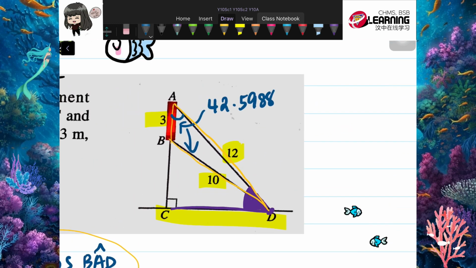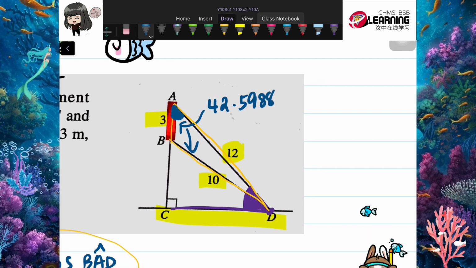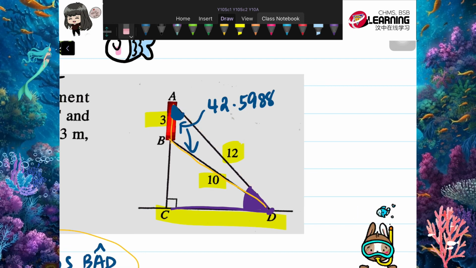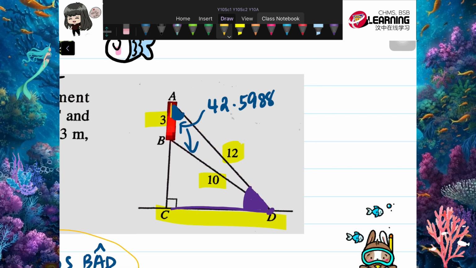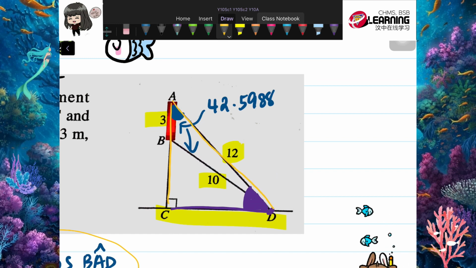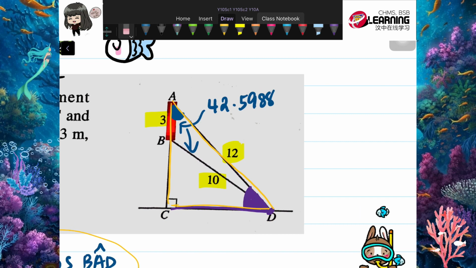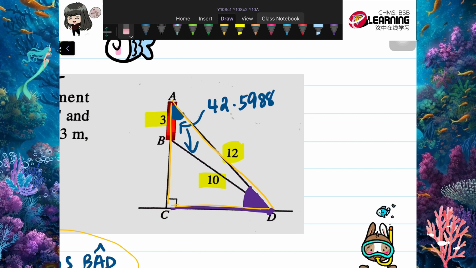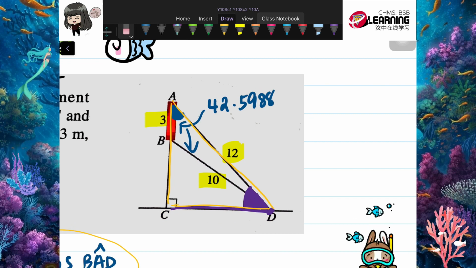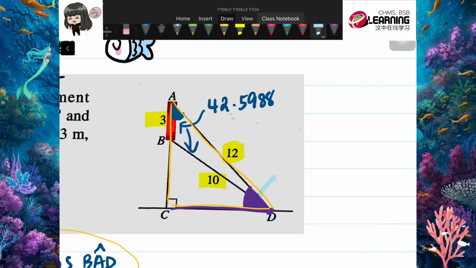After you have found this angle, you look at the other triangle over here, like that. This big triangle is 180 degrees. You can minus off this 42.5988 and this 90 degrees, then you can find the purple angle. This is the angle that you want to find.